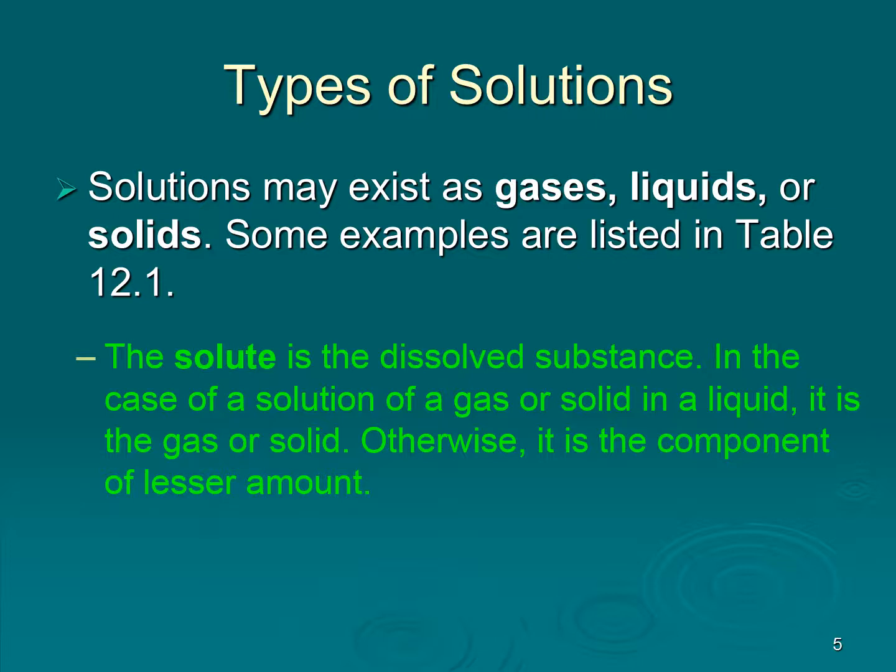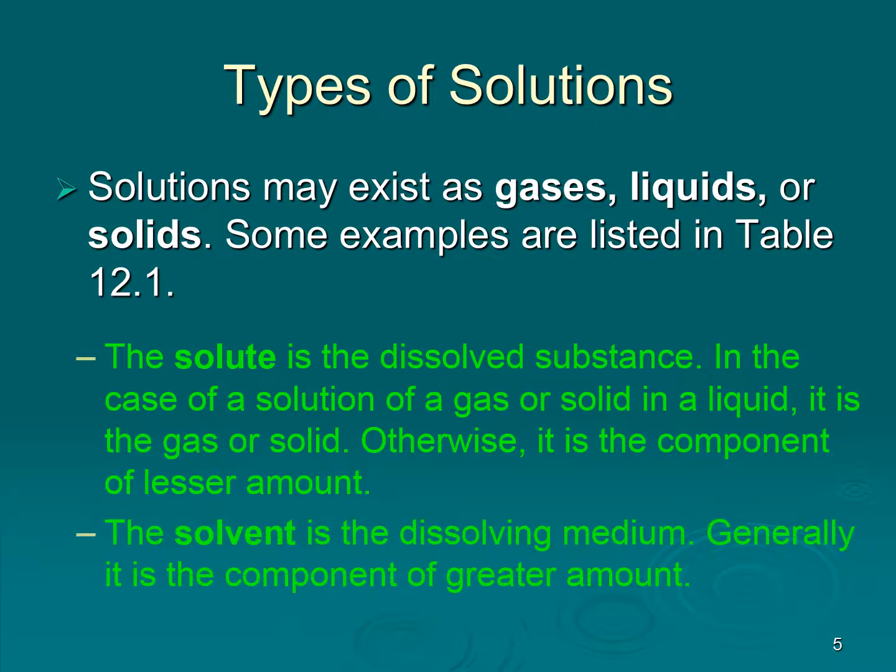Some definitions: the solute is the thing that is being dissolved, and it's generally considered the component of lesser amount. If you're dissolving a gas or solid in a liquid, it would be the gas or solid. But generally it's the one of lesser amount. And then the solvent is what you're dissolving it in, the dissolving medium, usually the greater amount.